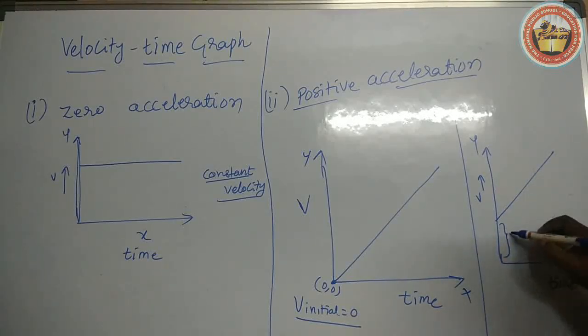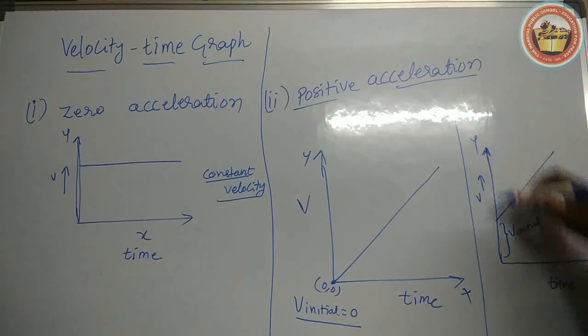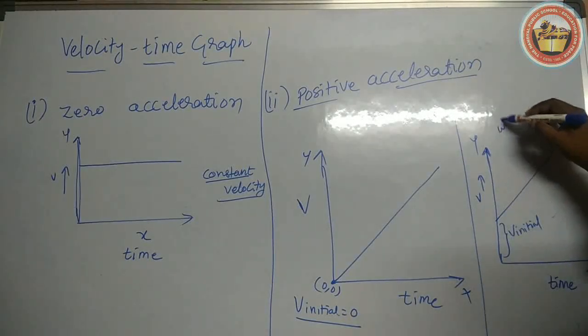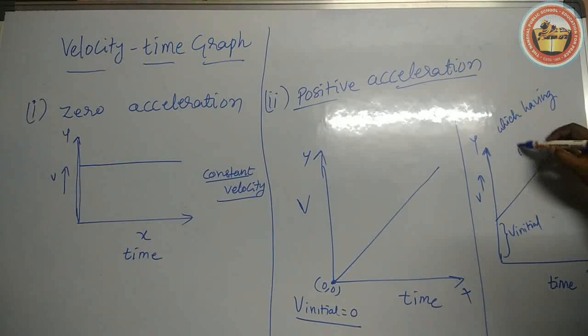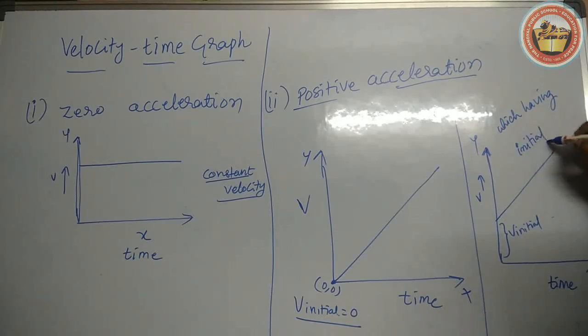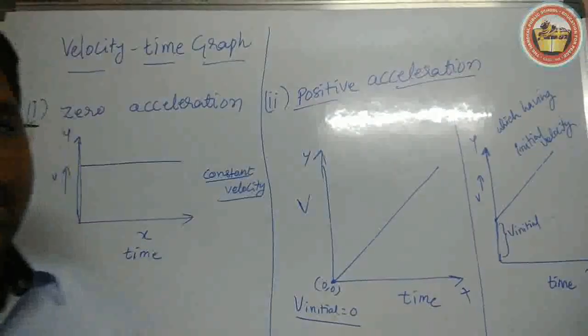So this is the initial velocity, V initial. For positive acceleration of a body having initial velocity, the graph starts from the y-intercept, at the point where the y-intercept takes place.